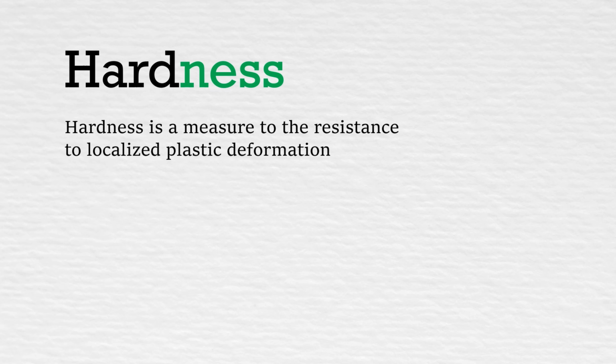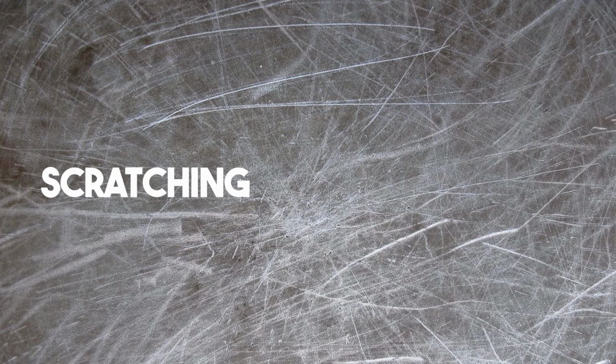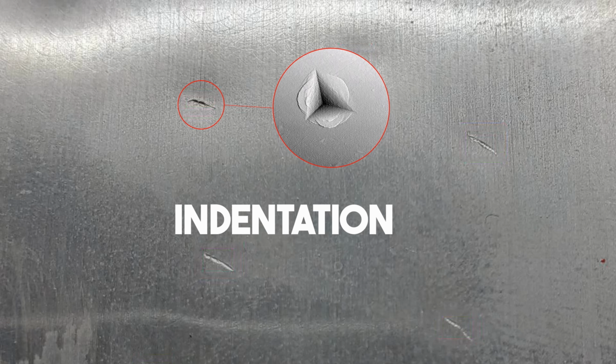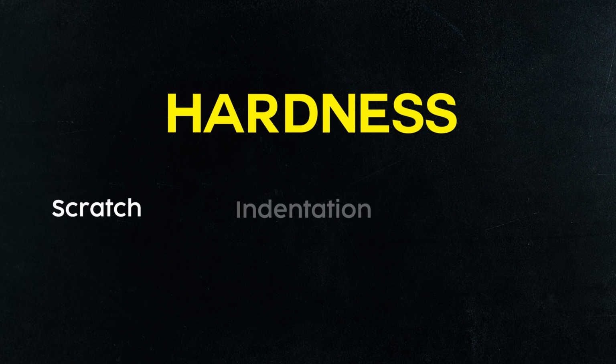So, just for a quick recap, hardness of a material measures its resistance against localized plastic deformation such as scratching and indentation. Hardness can be measured and expressed in 3 different ways: scratch hardness, indentation hardness, and rebound hardness.